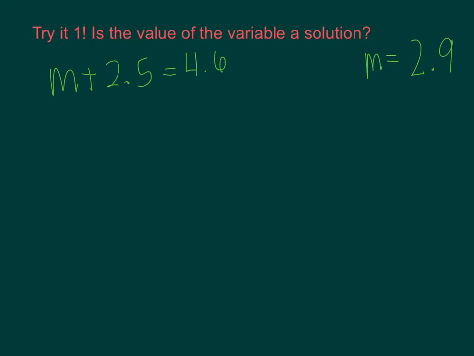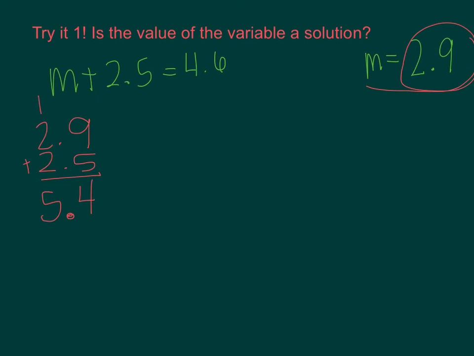Well, the first thing I'm going to do is plug my solution in for m. 2.9 plus 2.5, I'm going to rewrite it this way though, just because that's a little bit easier for me. 9 plus 5 is 14. Ooh, I can already see this isn't going to work. 1 plus 2, 3, 4, 5. I got 5.4.